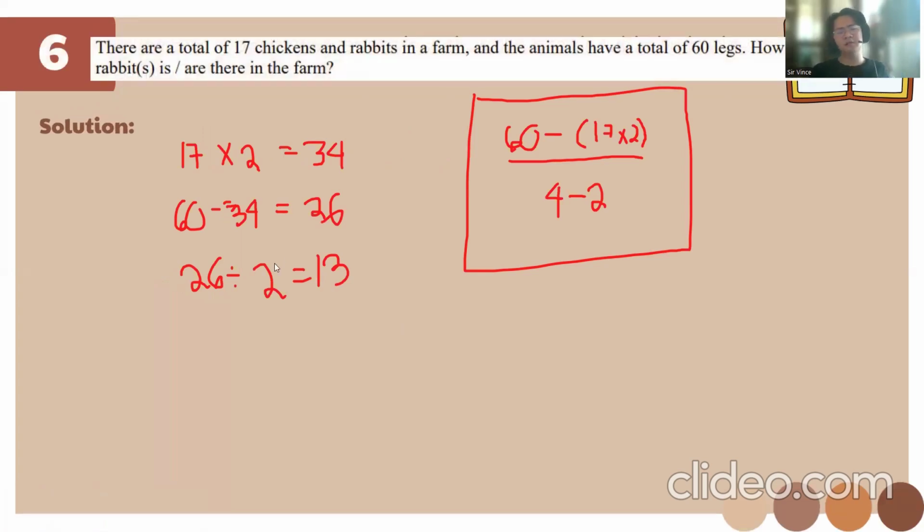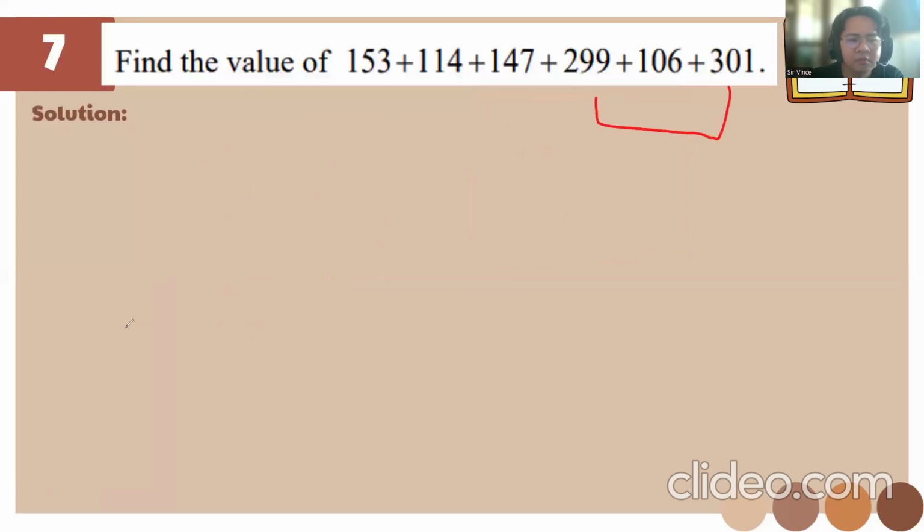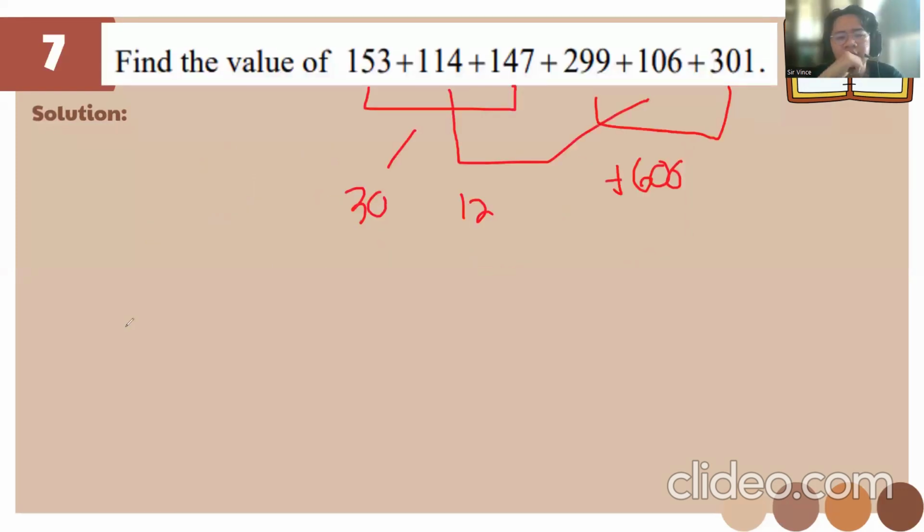You can do the left solution or you can do the right shortcut. Then number 8 and number 7 rather. The answer will be 1,120.